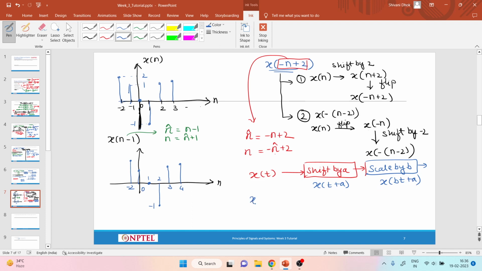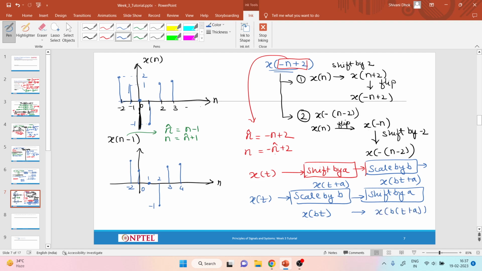But if you do this x of t, you first scale by b and then shift by a, then here what you are doing is bt, and after that what you're getting is b of t plus a.